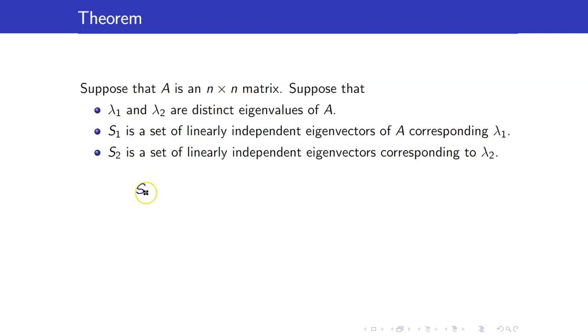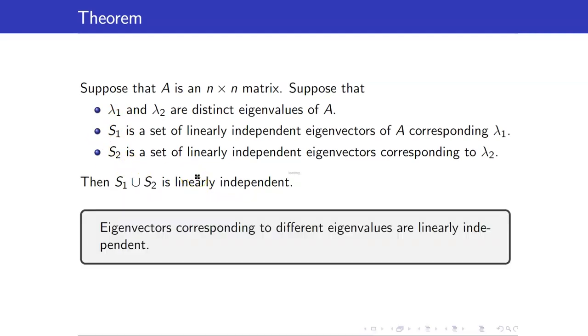Actually, we can get S1 to be a basis for the eigenspace corresponding to lambda 1. And similarly, we can get S2 to be a basis for the eigenspace corresponding to lambda 2. Then the union of these two sets will be linearly independent. That is, eigenvectors corresponding to different eigenvalues are linearly independent.